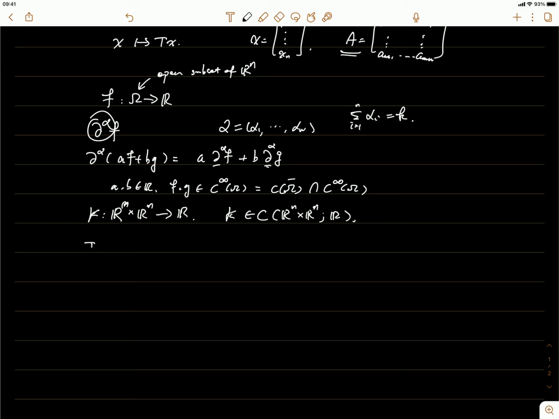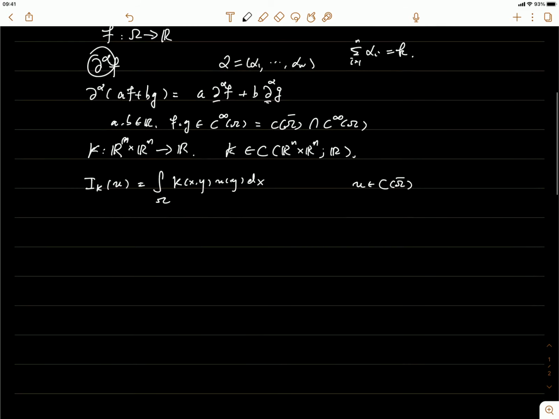Then we can define I_K of u, where u is from, say, C of omega. Then we can consider the integration of u using this kernel function, or in other words, the convolution of this kernel function and u. This is also a linear operator in this space. The reason is we can consider I_K of au plus bv, and then you can easily see that this is just a times I_K u plus b times I_K v.